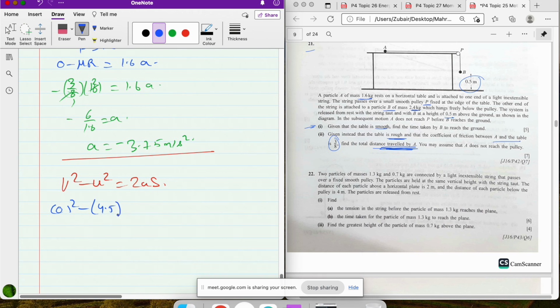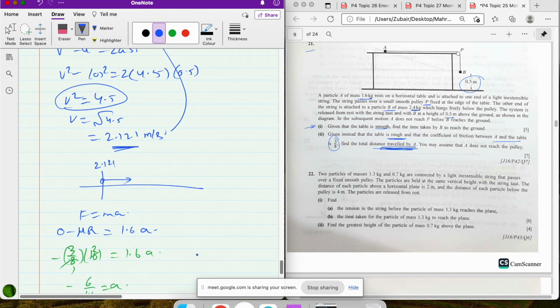So minus 4.5 equals 2 times negative 3.75 times the displacement to be found. So negative 4.5 equals negative 7.5 times the displacement, and 4.5 by 7.5 is 3 by 5, that is 0.6 meters.